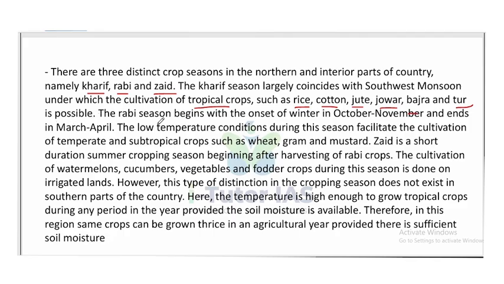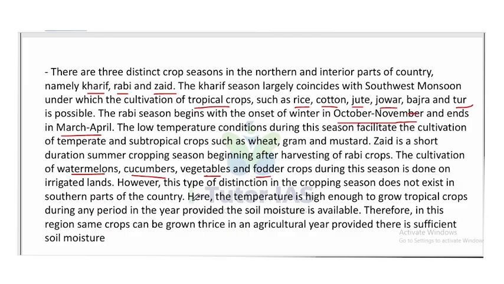Now, the Rabi season begins with the onset of winter in October, November, and ends in March, April. The low temperature conditions during this season facilitate the cultivation of temperate and subtropical crops such as wheat, gram, and mustard. Zaid is a short-duration summer cropping season beginning after harvesting of Rabi crops. The cultivation of watermelons, cucumbers, vegetables, and fodder crops during this season is done on irrigated lands.